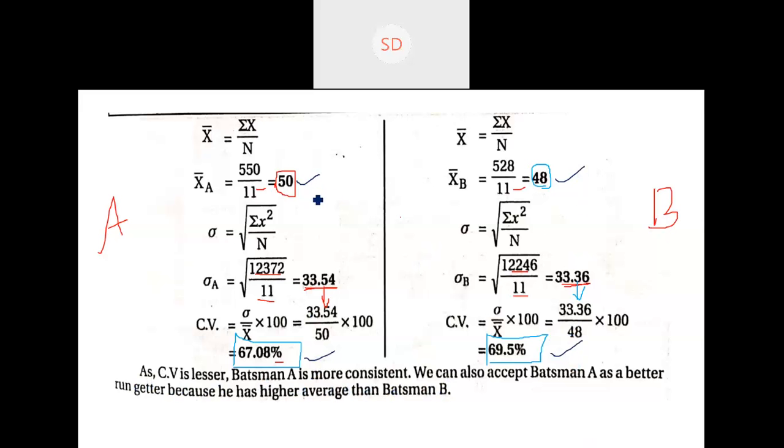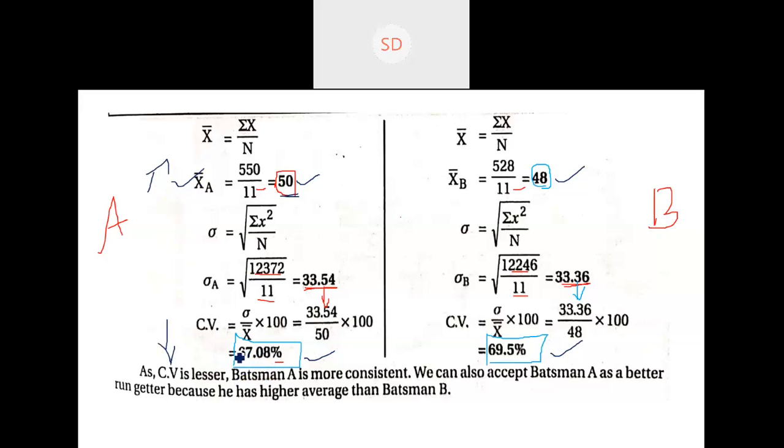I always told you that while checking arithmetic mean, whoever has the highest number will be better. But while checking the coefficient of variation, whoever has the lowest percentage will be consistent. Okay, in arithmetic mean, highest value; in coefficient of variation, lowest value.